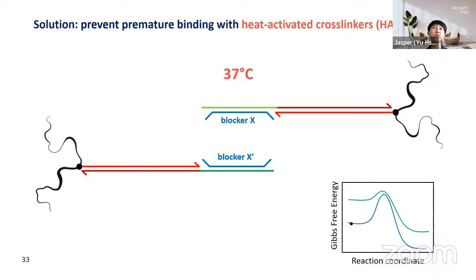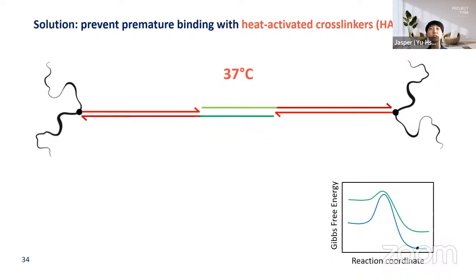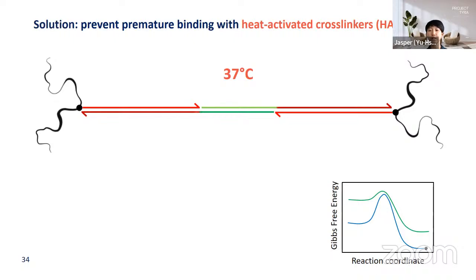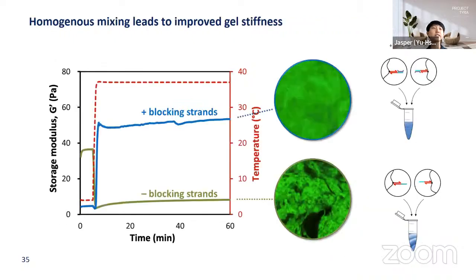But as soon as you put your mixture into 37 degrees, this blocking strand is not stable enough to bind at all. It melts away. So now after you have properly mixed all your components for cell culture, you put it into the incubator and then it starts forming crosslinks. This allows us to form homogeneous gels for better mixing.